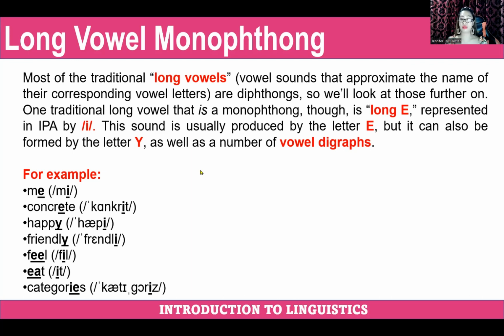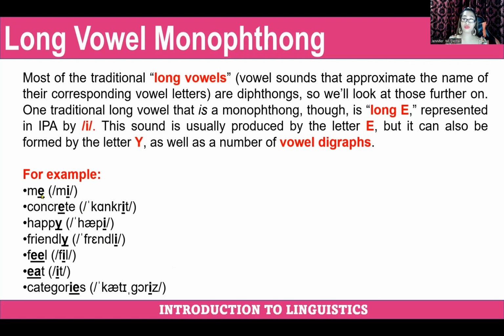So for us to have a clear understanding of how long E with IPA of small letter i is used in words, let's have this one. We have me, concrete, happy, friendly, feel, eat, categories. So I will repeat.